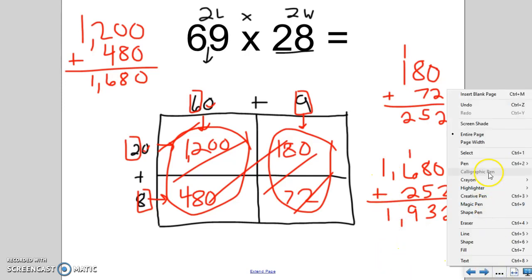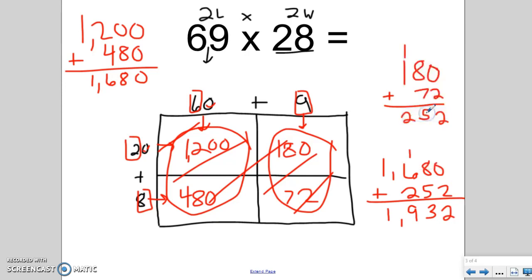Now, again, bigger the problems, the better the chance we make some big mistake that we can very easily catch if we just do a quick and easy estimate. I'm going to go ahead and round 69 to the closest 10, which rounds to 70. I can round 28 to the nearest 10, which is 30.